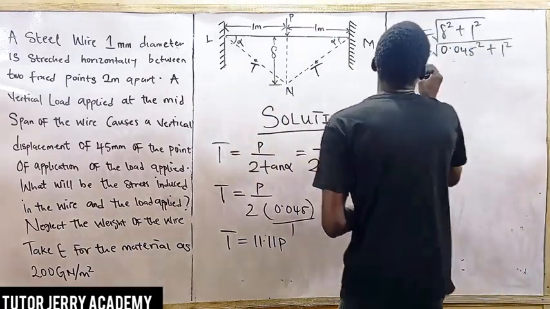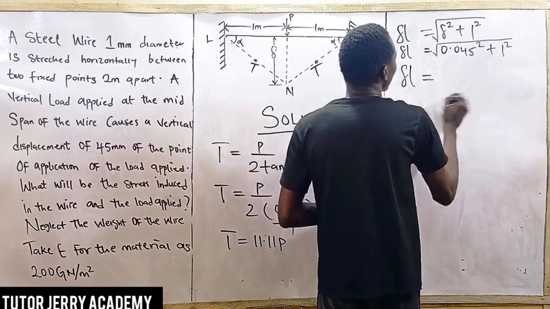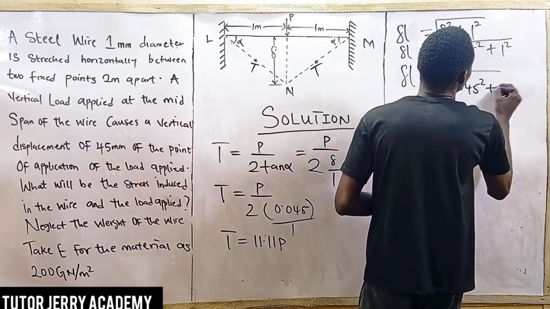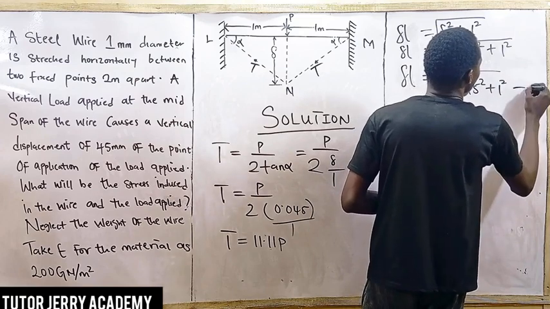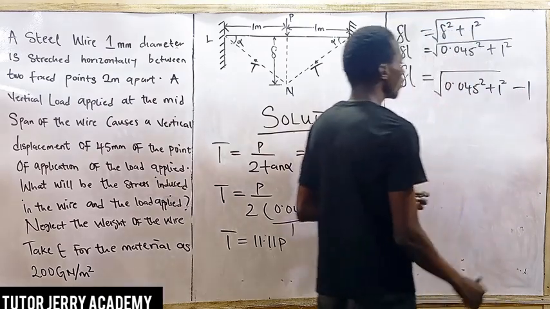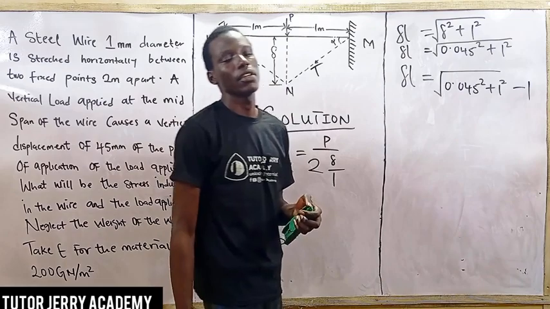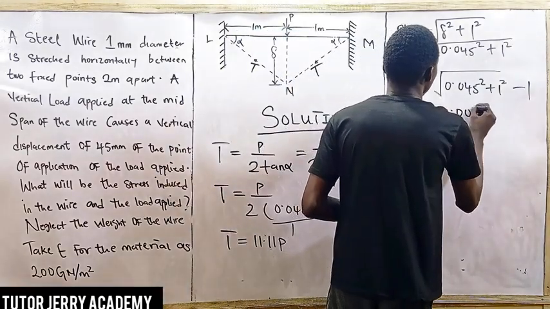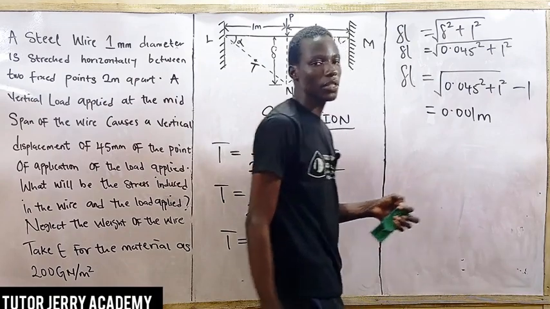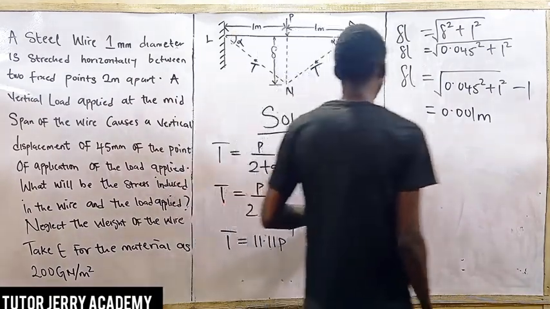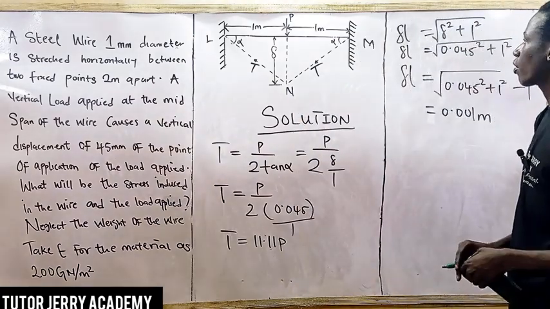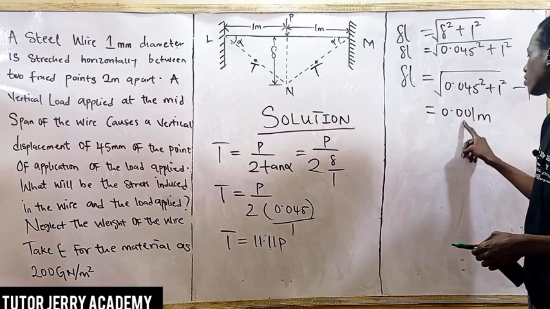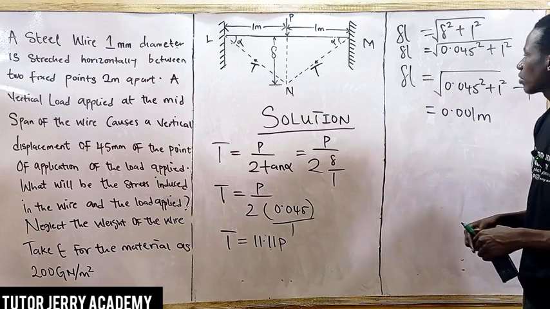So DL equals the square root of 0.045 squared plus 1 squared, minus 1. If you do this correctly, you'll have DL to be nothing but 0.001, in meters. So this is our change in length due to the force P added: 0.001 meters.